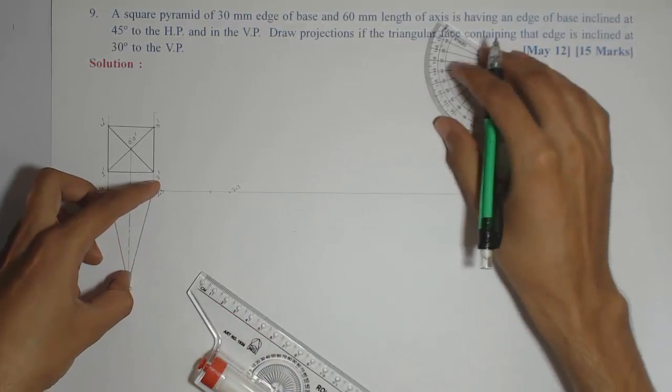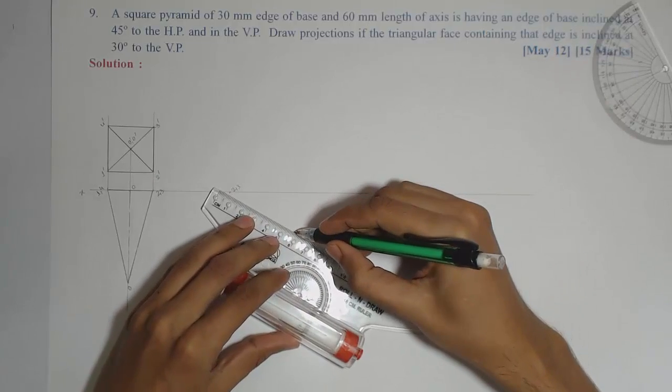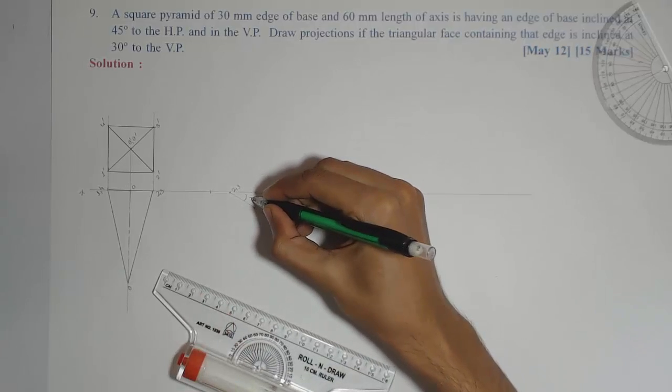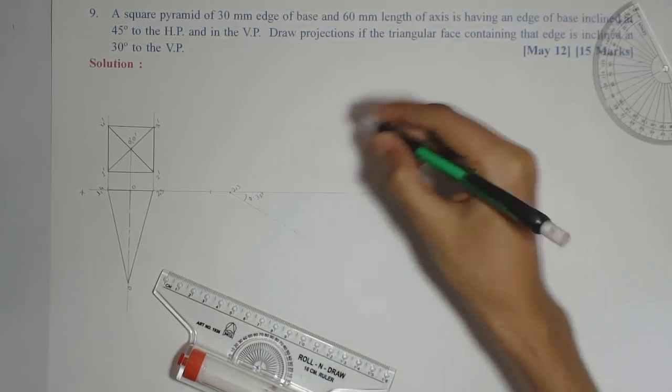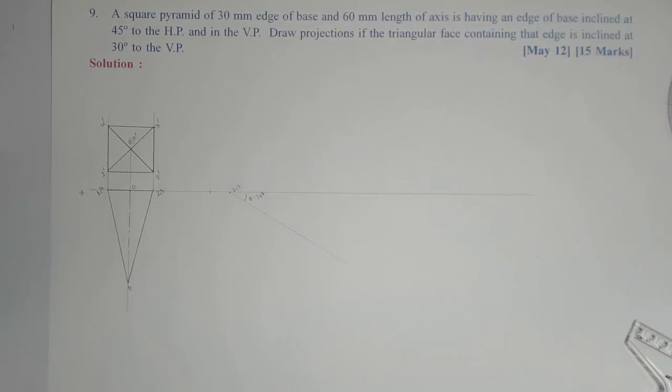So this triangular face we need to tilt at 30 degree. So obviously this angle is phi, which is given as 30 degree, and given for triangular face, which is nothing but this edge in the top view.